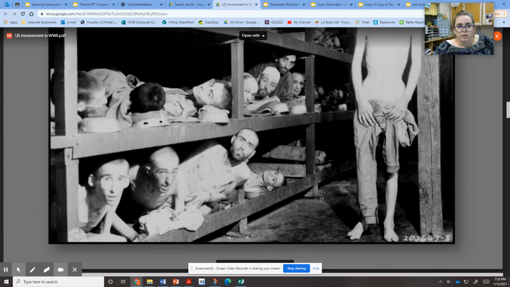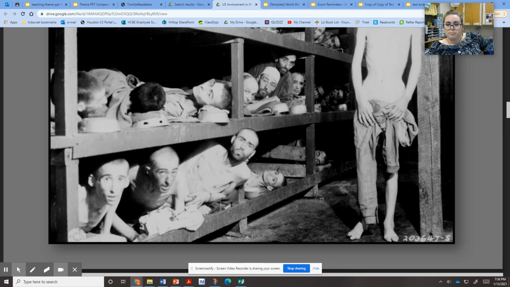See, there's 1, 2, 3 people in each, and you see this right here, the little white thing that they're using as pillows? Those are their food and water bowls. And then they have the one thin blanket.